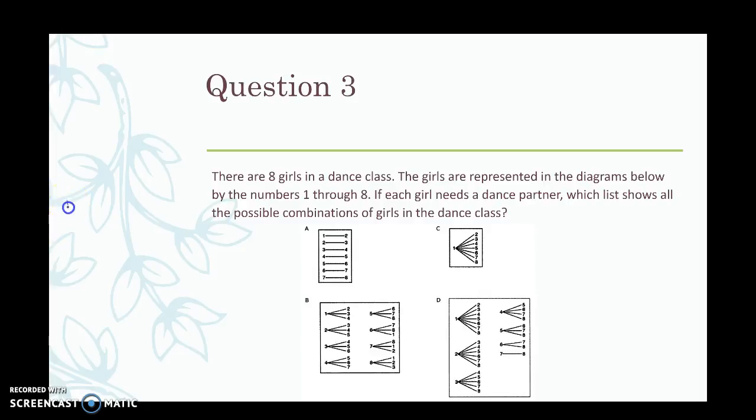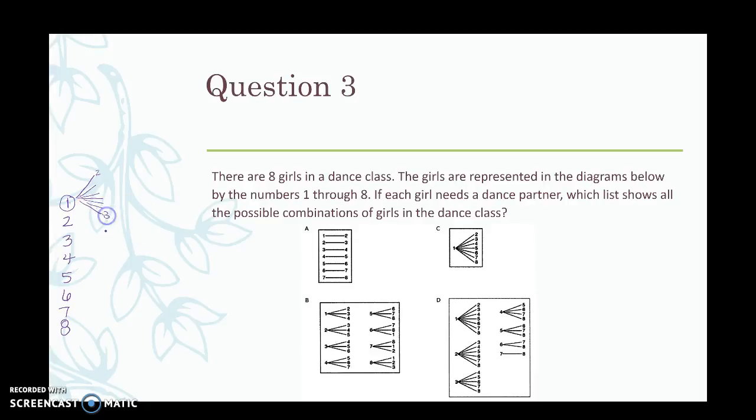So girl 1, 2, 3, 4, 5, 6, 7, 8. If we start with girl 1, she could dance with any of these people down here, number 2, 3, 4, 5, 6, 7, 8.